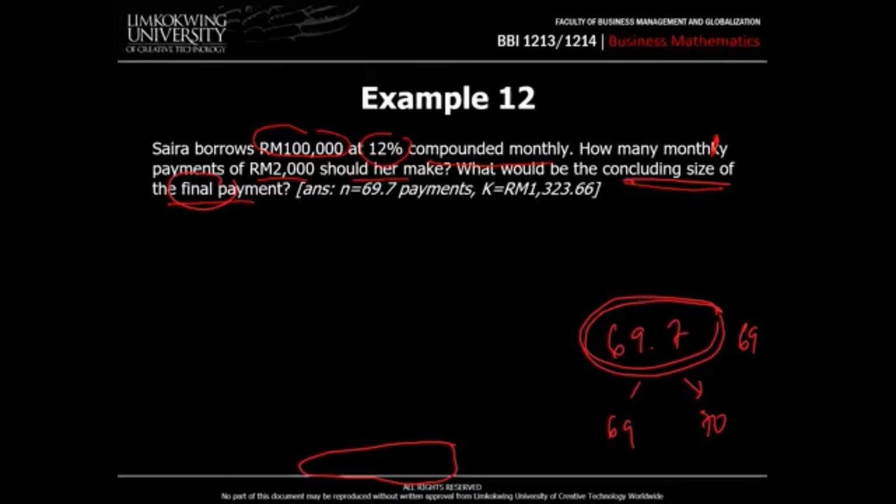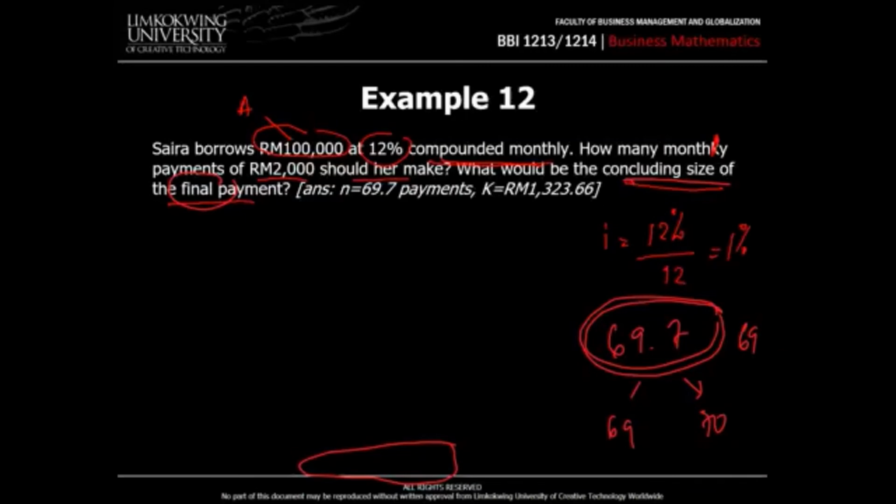Okay, Saira borrows 100,000. So here she borrows 100,000, so this refers to A or S? A. At 12% compounded monthly, so it means the i is divided by 12, then i is 1%.